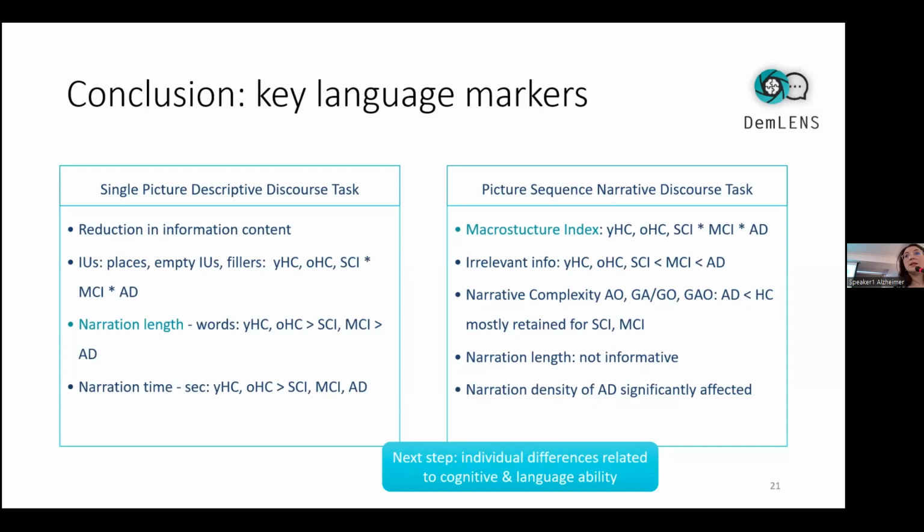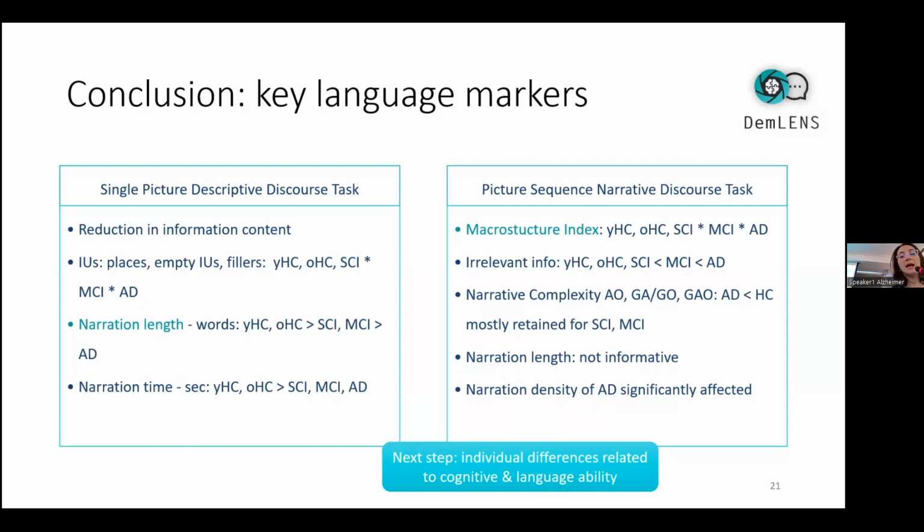Narration length, on the other hand, is going to help you discriminate between healthy older controls and the ones that have subjective cognitive impairment. Remember, those two groups do not differ in terms of cognitive ability. The only reason they are grouped differently is because the ones in the subjective cognitive impairment group report that they feel that their memory skills are different.